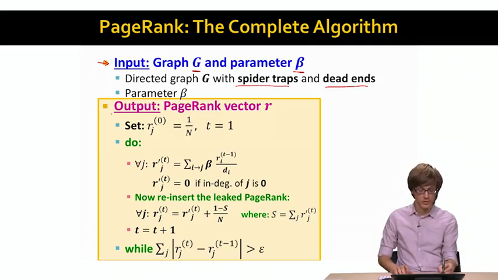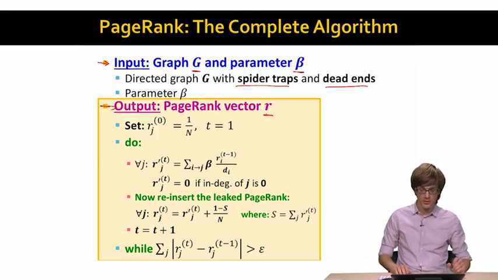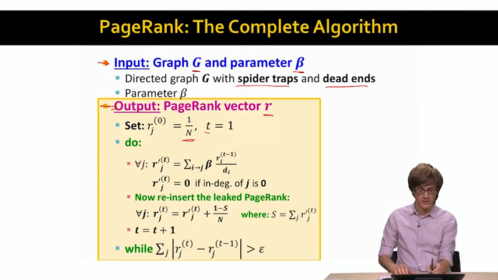The output of our algorithm is a PageRank vector R, and the algorithm operates as follows. At the beginning, we set all the PageRank scores to be 1 over n, equal, and we set time equals 1.